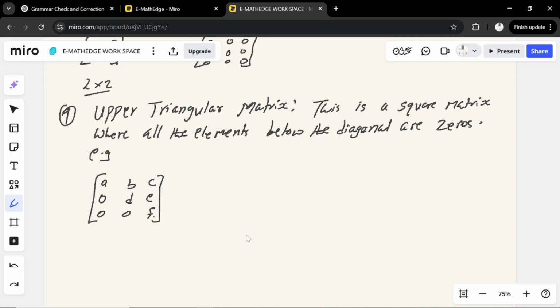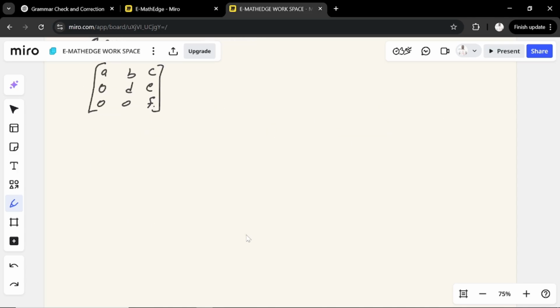The elements below the diagonal must be zeros. Mind you, it must be a square matrix. So this implies that this matrix is an upper triangular matrix. So the next term we are going to be looking at is the lower triangular matrix.